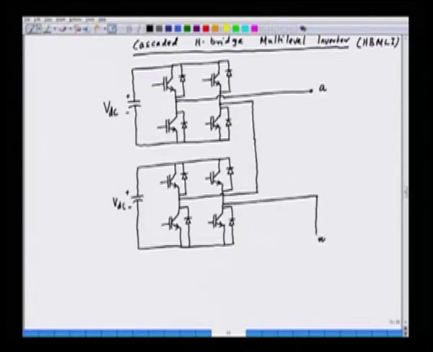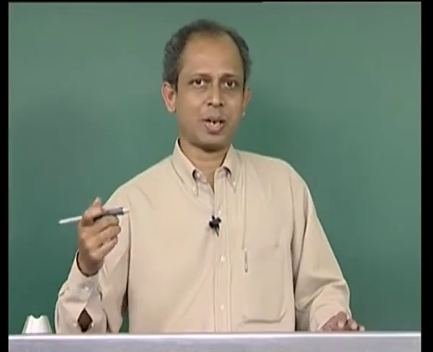So, this is basically two H-bridge inverters connected in cascade, each one having a DC voltage of VDC, and this is for a single phase. Usually we have a three phase drive, so we can have phase A, phase B and phase C. The similar construction will repeat for phase B and C.